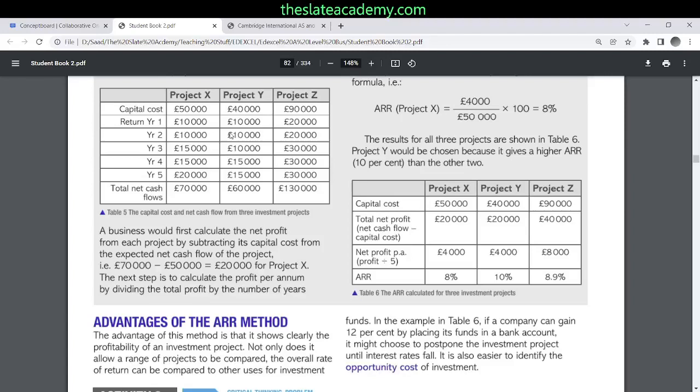And then what do you do with that, sir? Multiply by 100, right? 60,000 minus 40,000 is 20,000, divided by 5 is 4,000. 4,000 over 40,000.